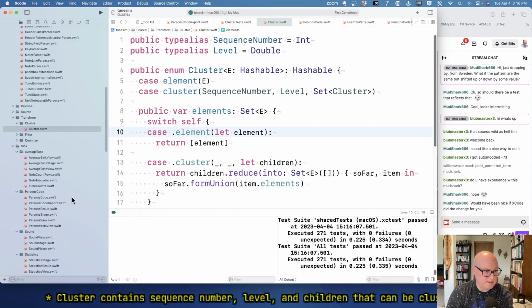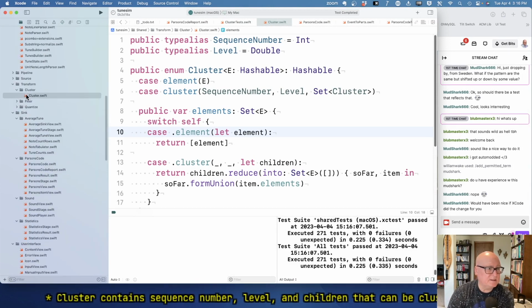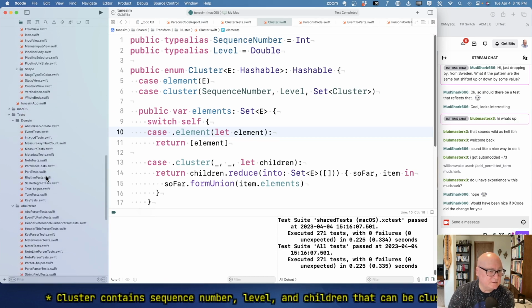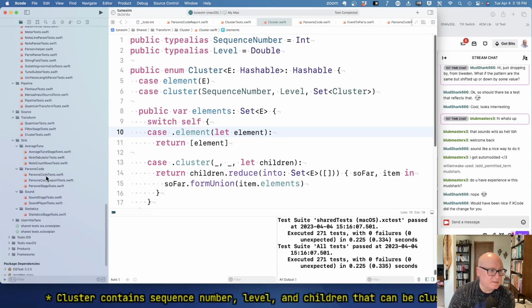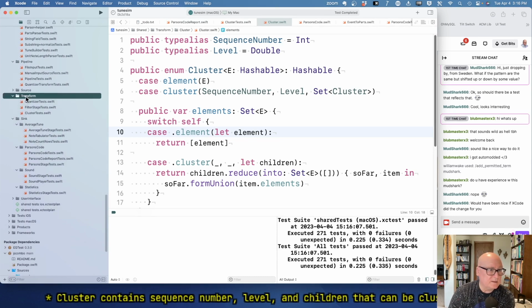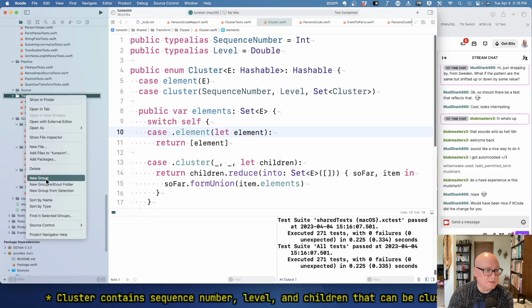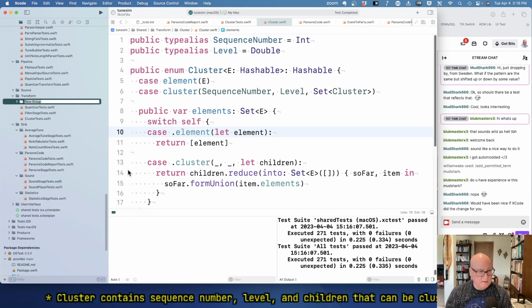Okay, let's start this proximity matrix then. Where's the test? I'm going to make cluster its own folder here. Cluster.